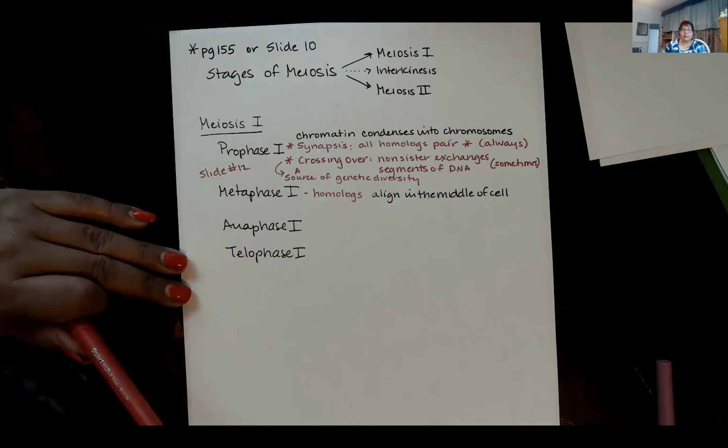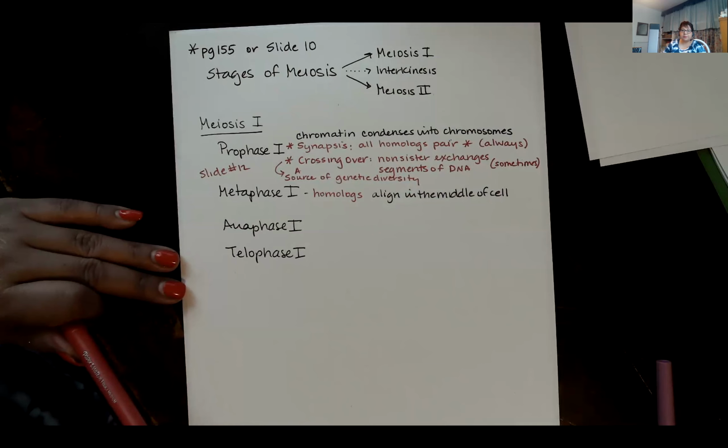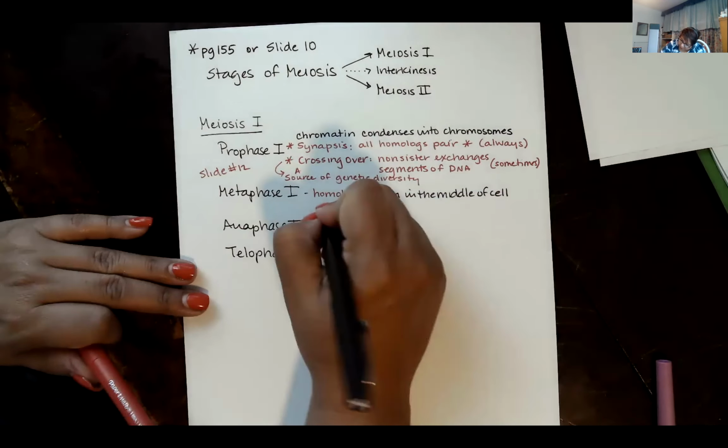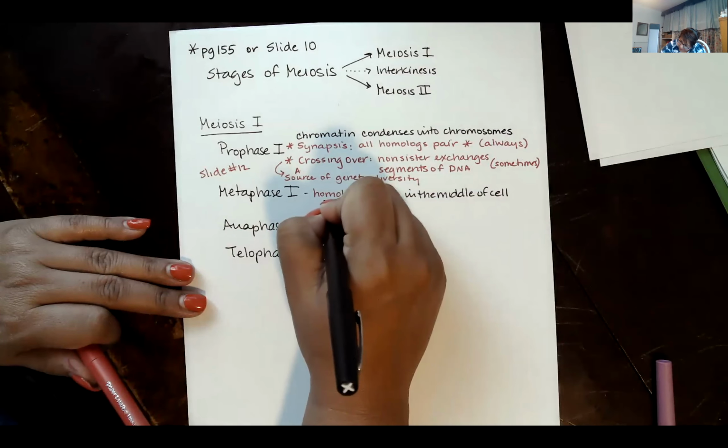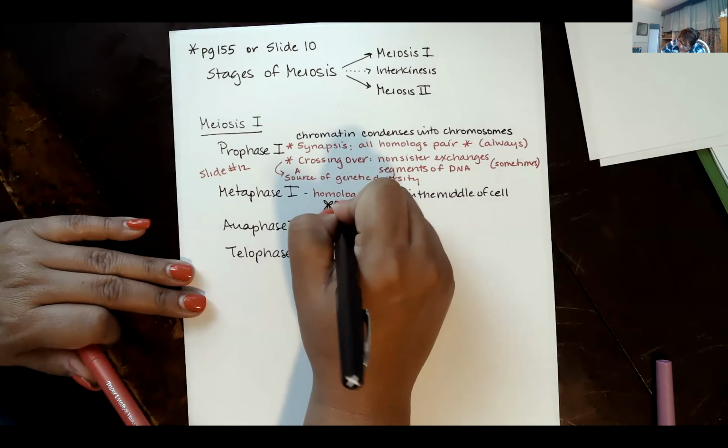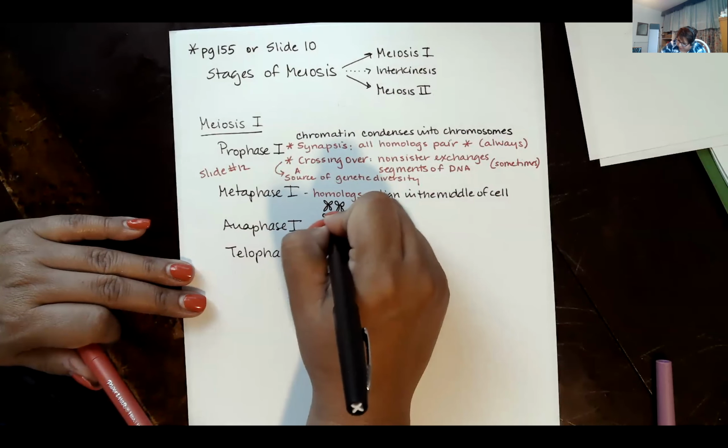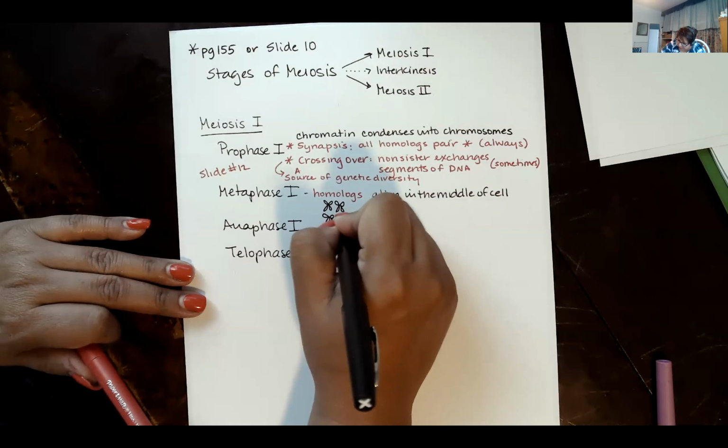So instead of having a single file line in the middle of the cell, you have two rows of chromosomes forming the metaphase plate.